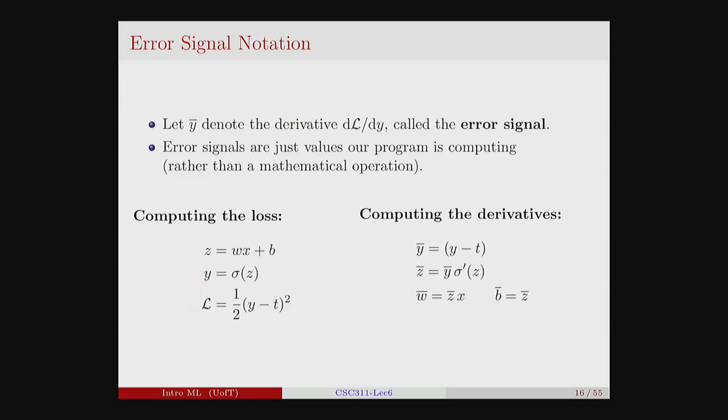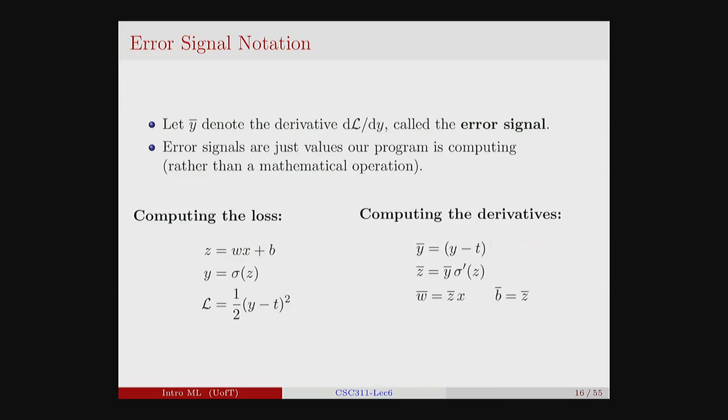That's dl dy, which as we said before was y bar. You can verify that dl dy is just y minus t, the difference. When you take the derivative of L with respect to y, it's equal to 2 by 2 times y minus t. So that gives us the first equation.